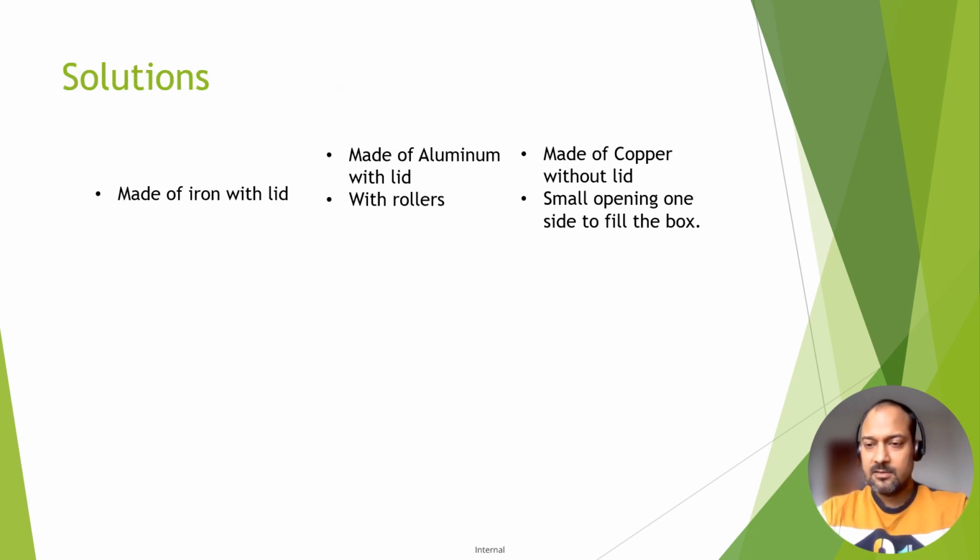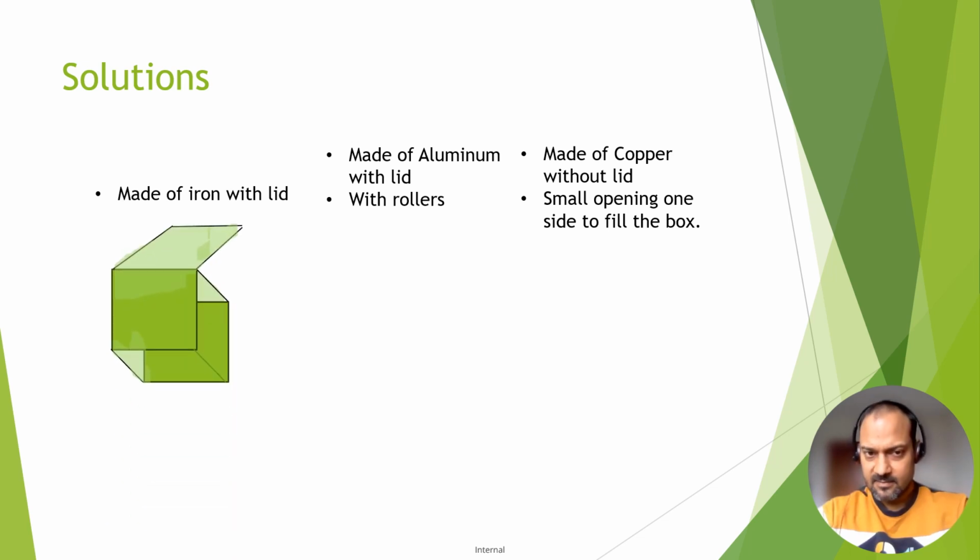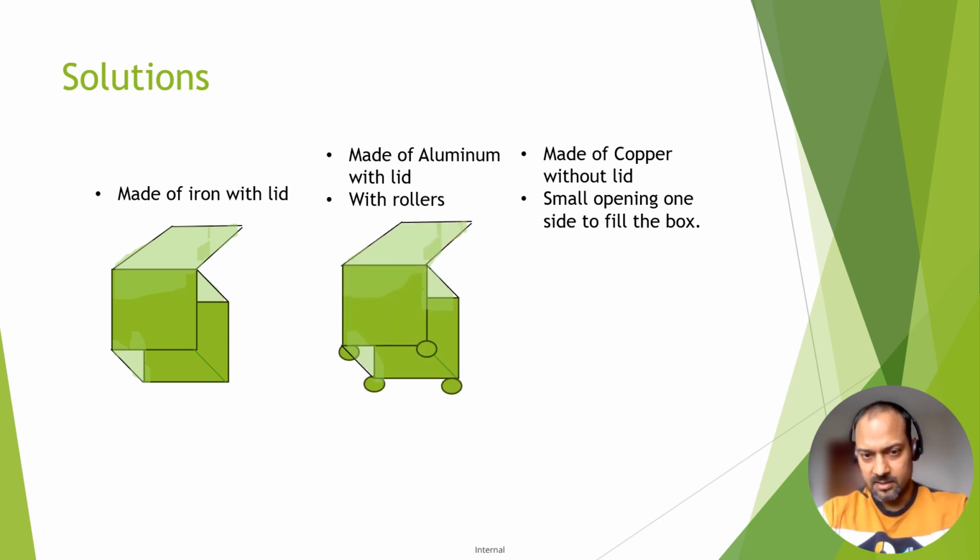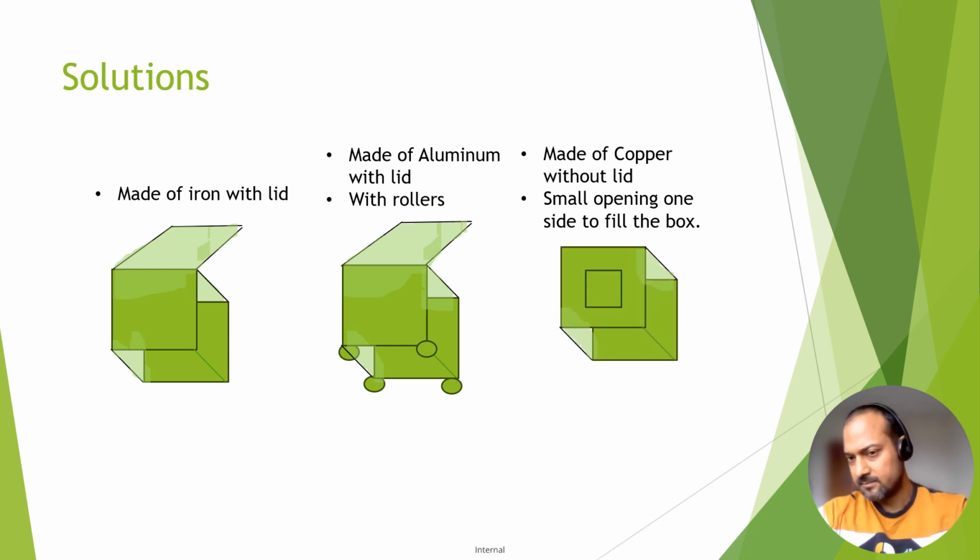Now, as a business analyst, you have done your analysis and you come up with three solutions. One could be made of iron with a lid. Second, made of aluminium with a lid along with rollers. Third, a box made of copper without a lid, but a small opening on one side to fill the box.